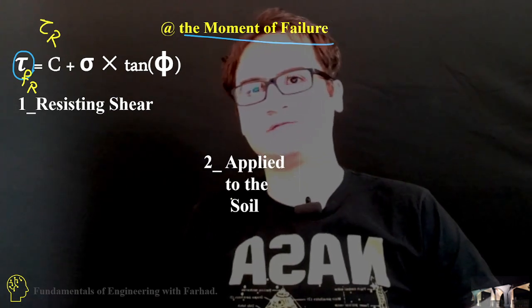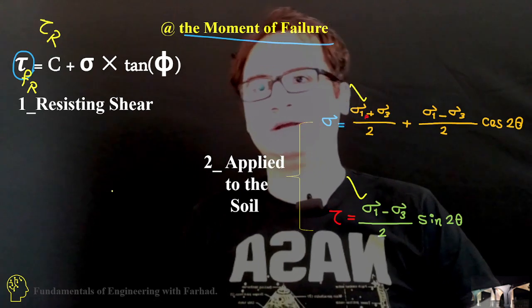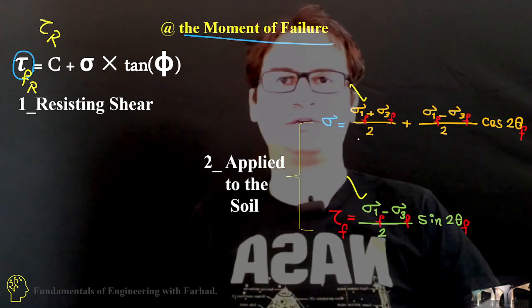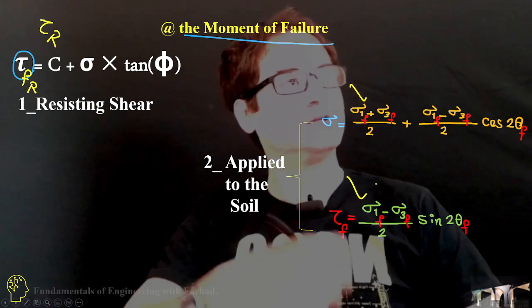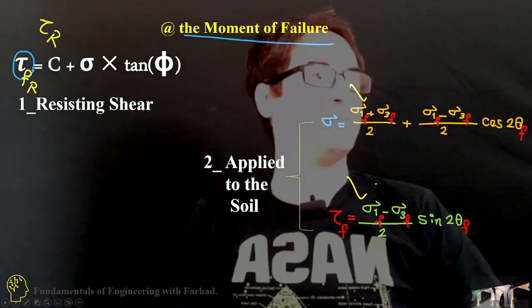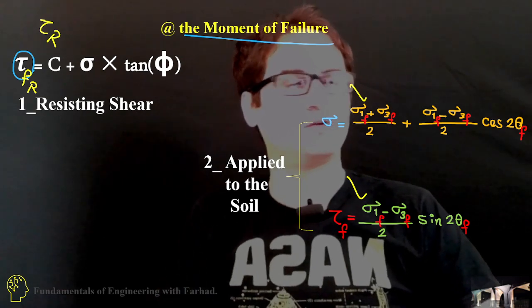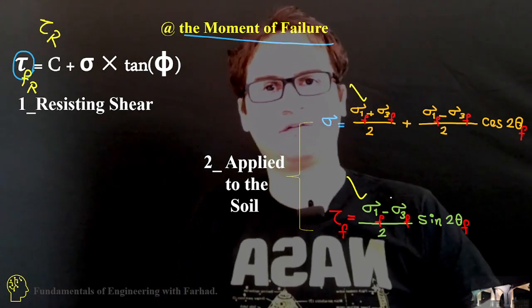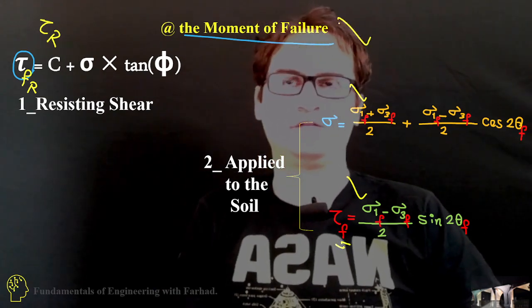The second one is the applied one, which consists of these two parts. At the moment of failure, you change all the sigmas to sigma major failure and minor failure, so theta is theta failure.